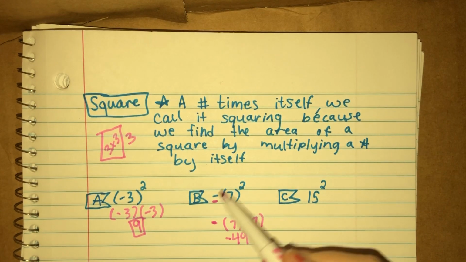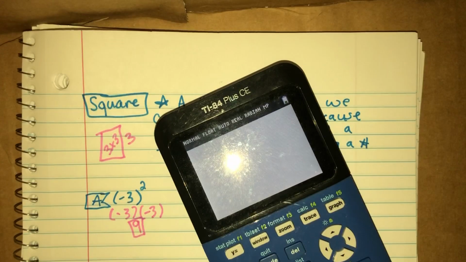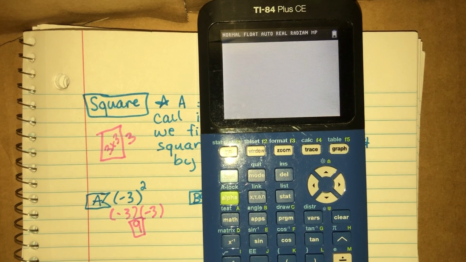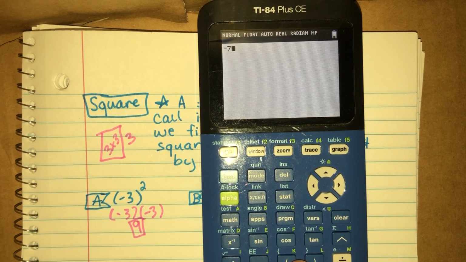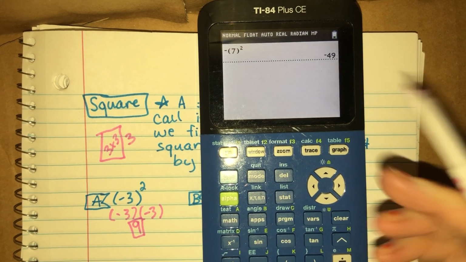If you put it in your calculator at this step, the correct way to do that using all of your parentheses would be first to put negative, then the 7, and then the square symbol. That way you get the right answer in your calculator, -49.